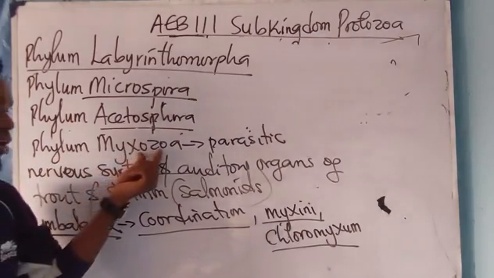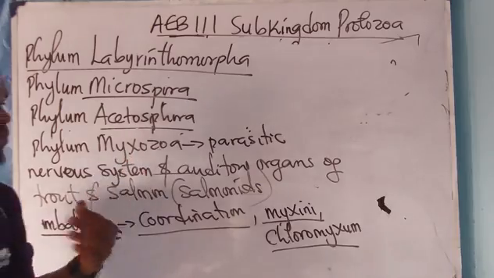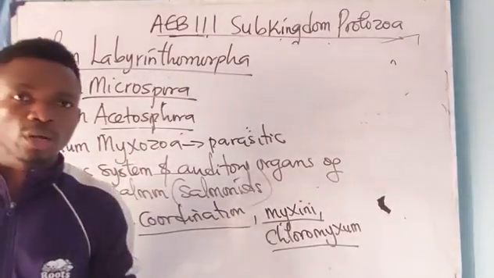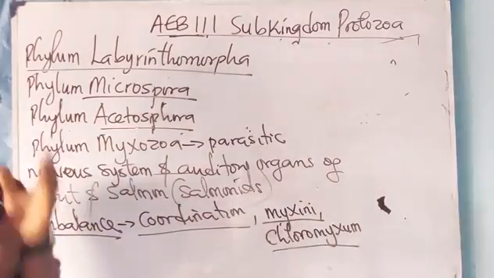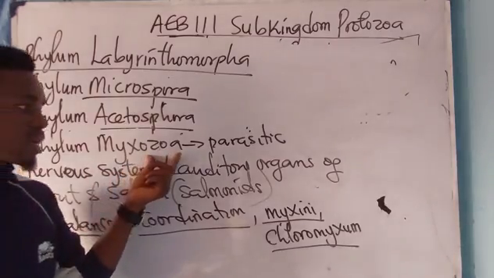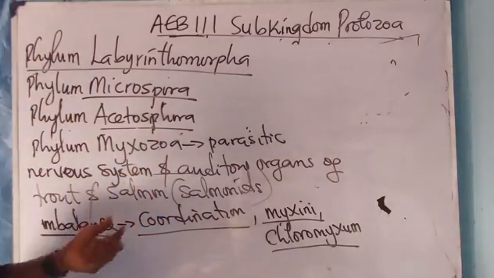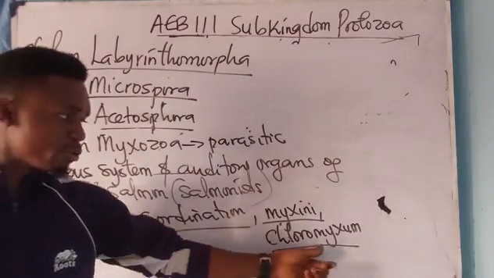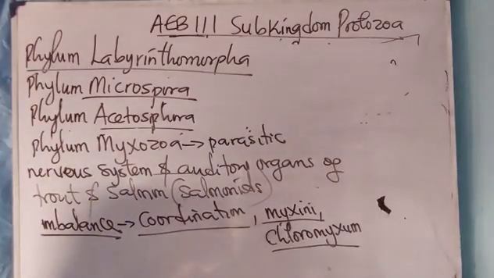Myxozoa, and they are all parasitic. Which of these parasites is found in the nervous system and auditory organ of trout and salmon, leading to loss of sense of balance? The myxozoans cause imbalance in salmon, which are the salmonids. They are the Myxobolus and the Chloromyxum. Okay, take note of that.